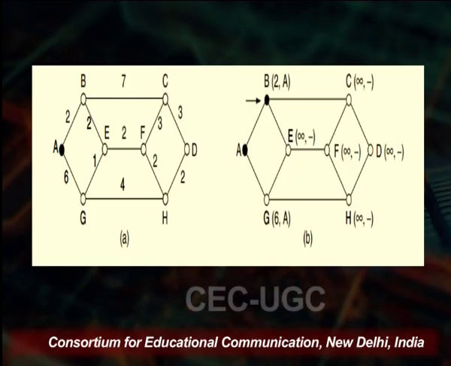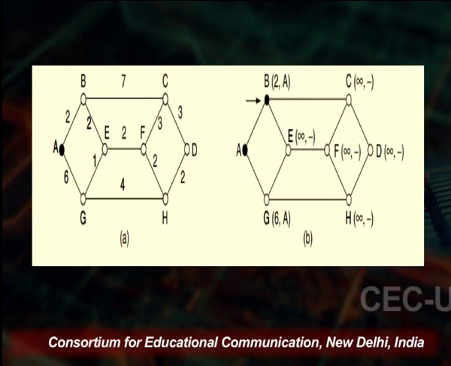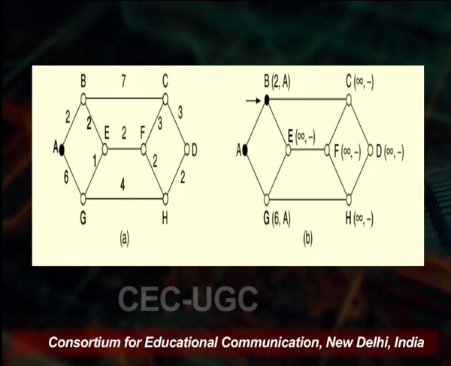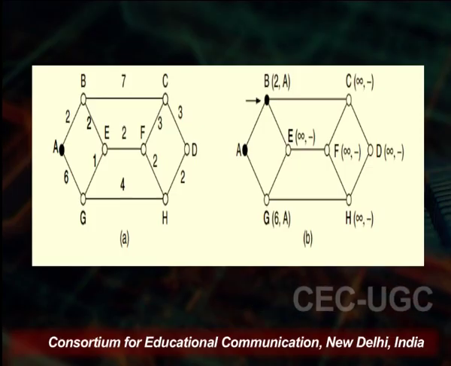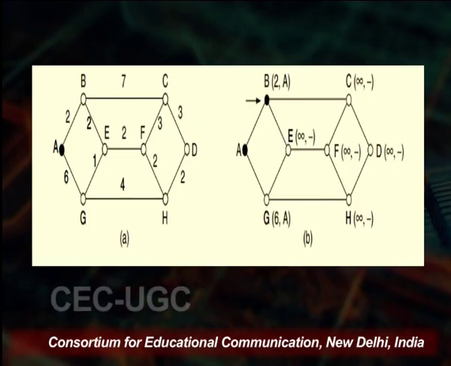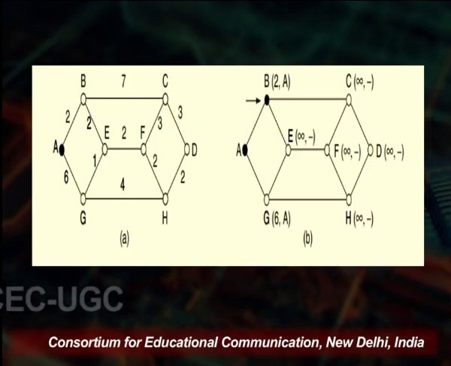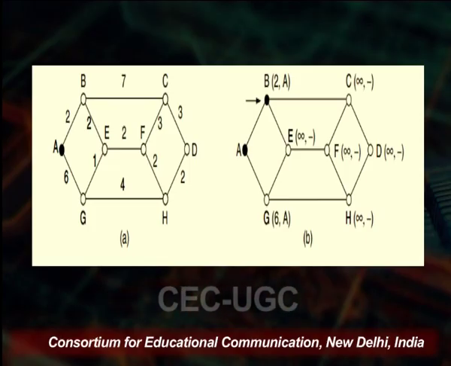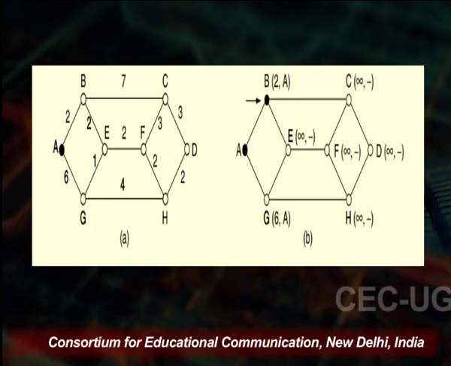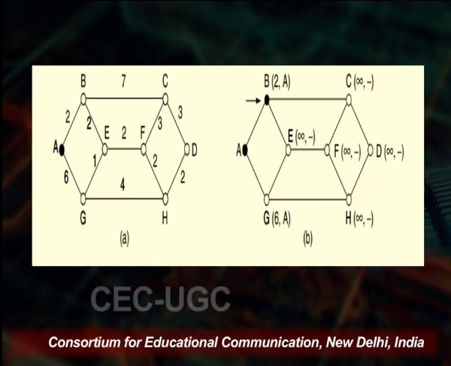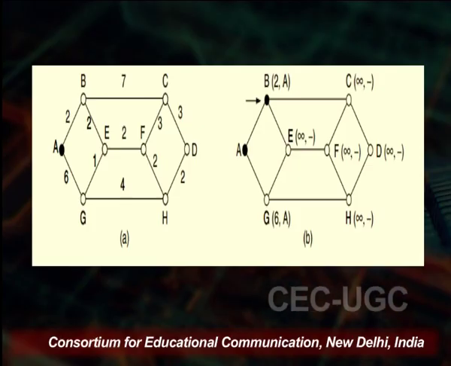But let us say I am talking about another criterion for the shortest path algorithm, and that is the geographical distance. If this figure is drawn to scale, you can see that ABE is actually a shorter path compared to ABC, because the distance between B and C is much larger than the distance between B and E, with the disclaimer that the graph is drawn to scale.